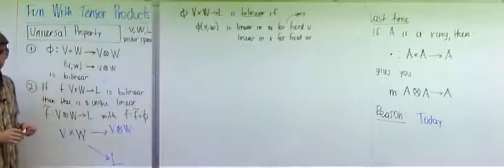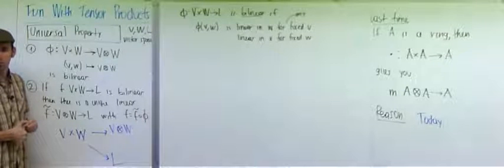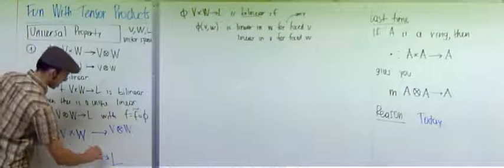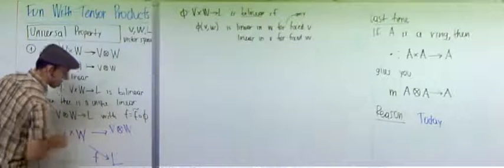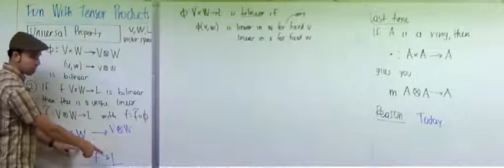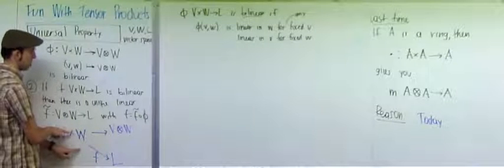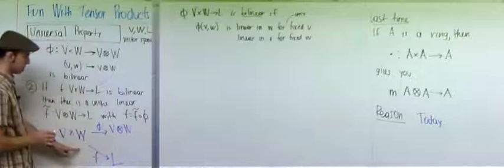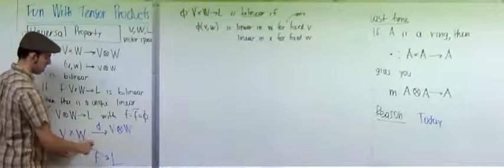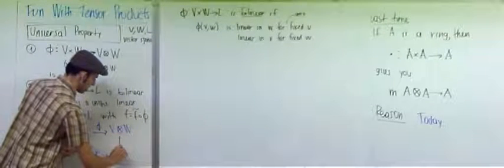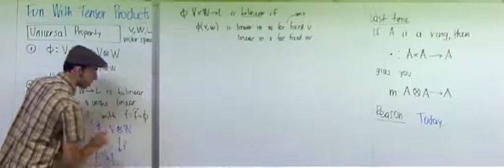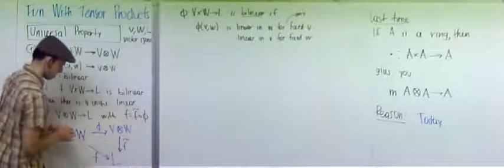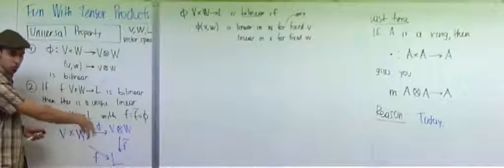So what I'm saying is that given any function that you want to put here, you can always think of it as our universal one, phi, which is bilinear, composed with some linear map here, f tilde. Okay? So that this commutes.